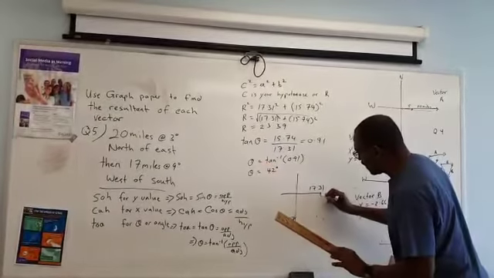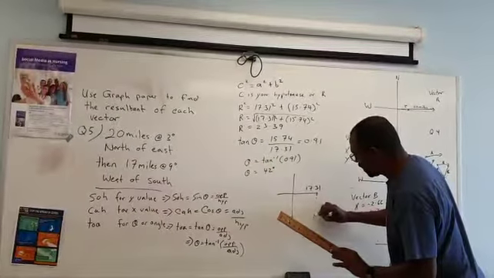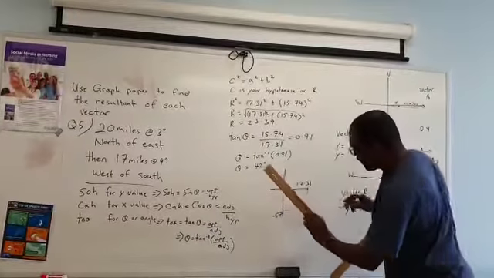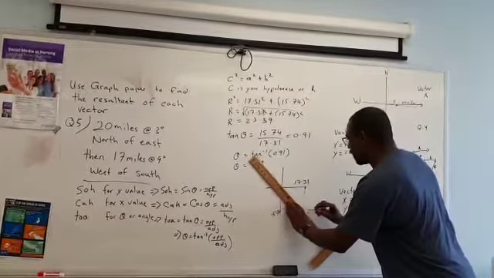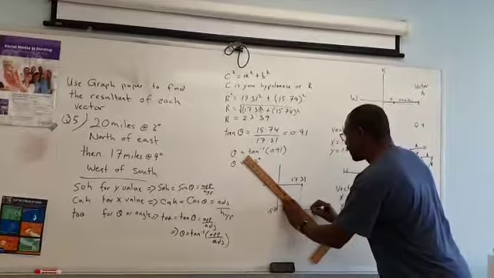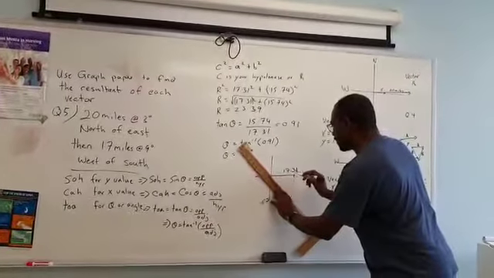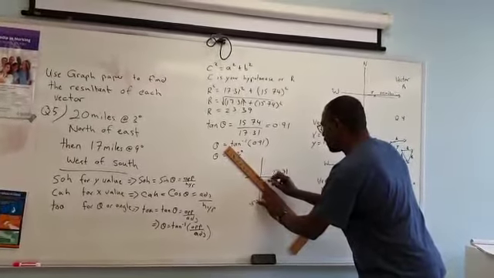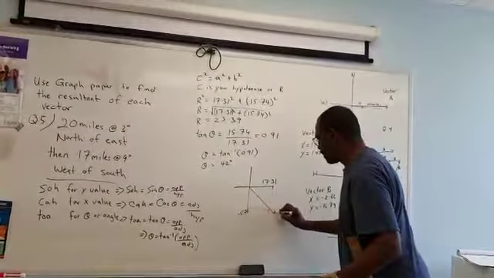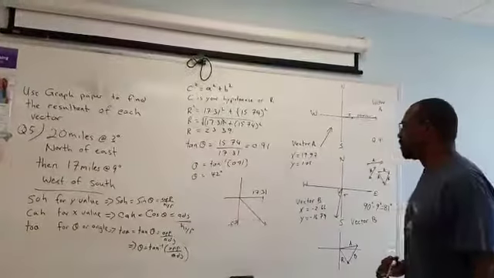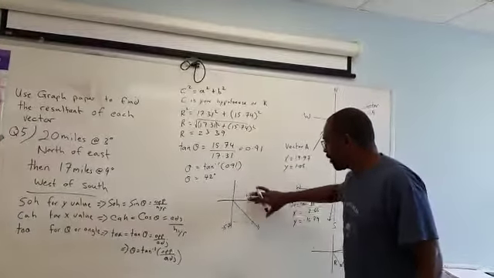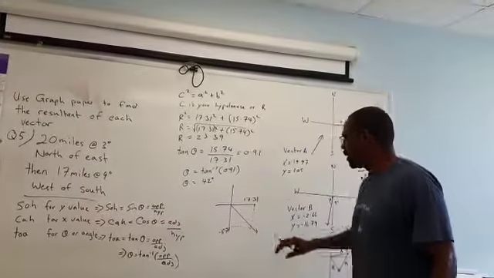So we know that this is your point and this is your angle. Your vector is just a matter of rotating around this.